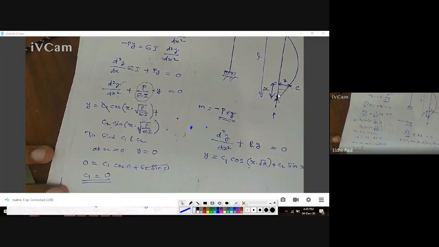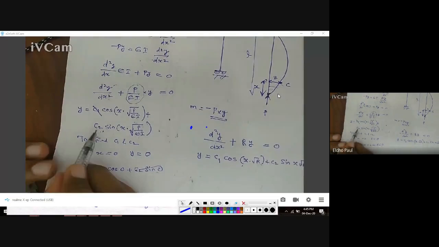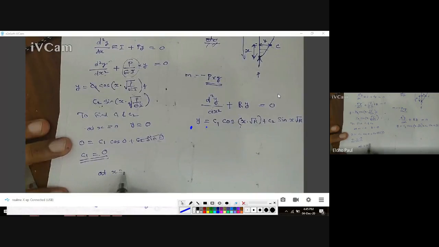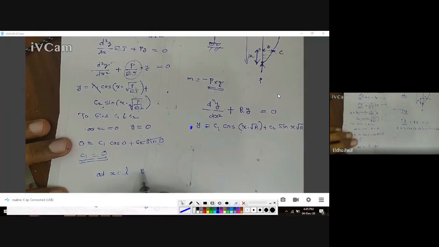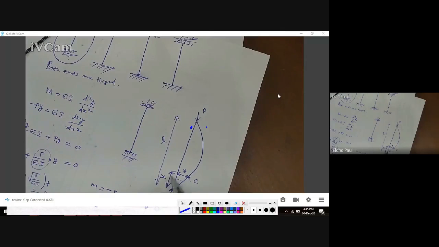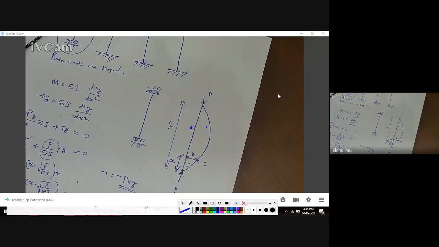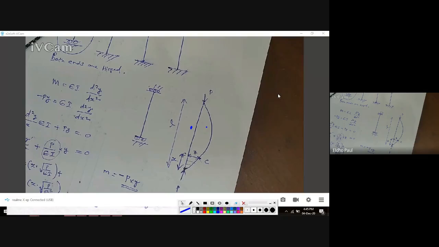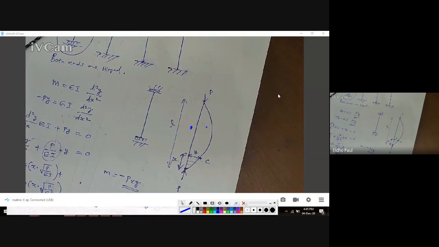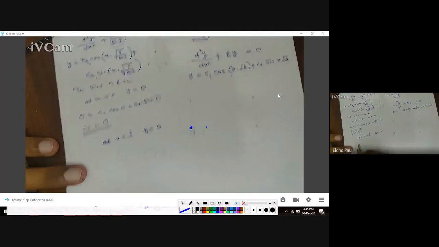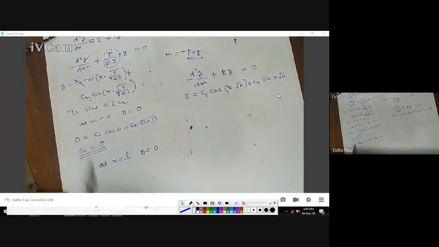Again, to find c2, I am applying another end condition. When x increases and becomes L, the total length, then what is the value of y? 0. So x equal to L, y equal to 0. So again, apply this in this equation. y equal to 0. Already we got c1 equal to 0.